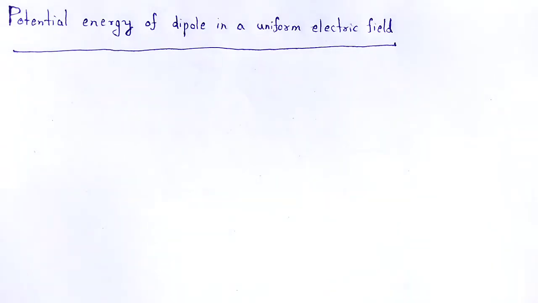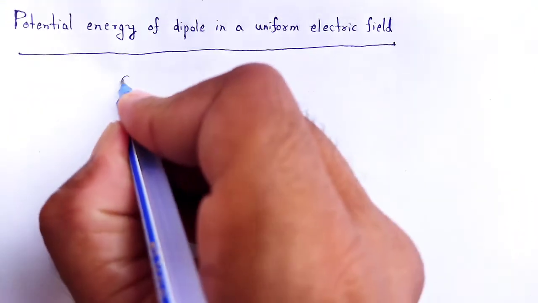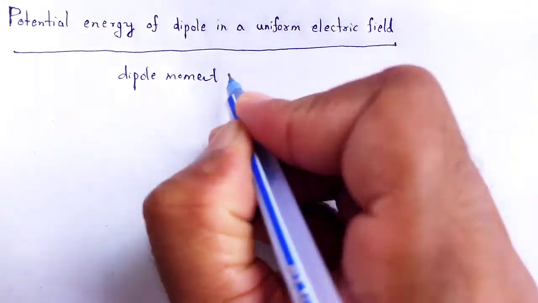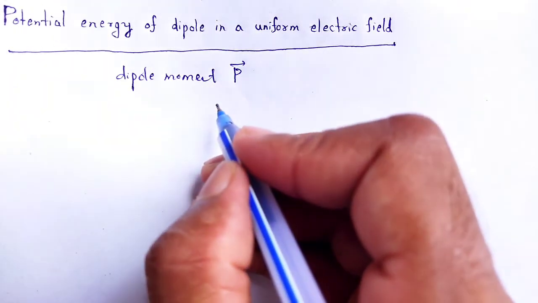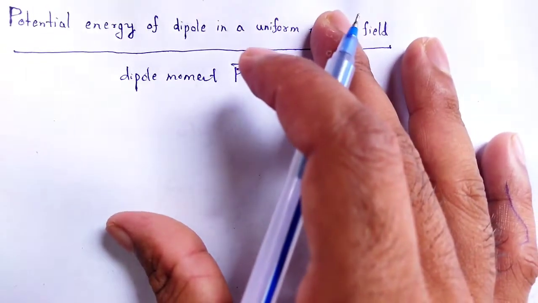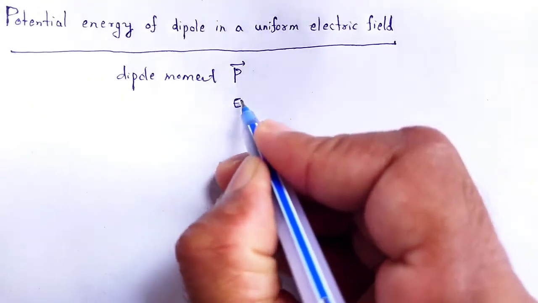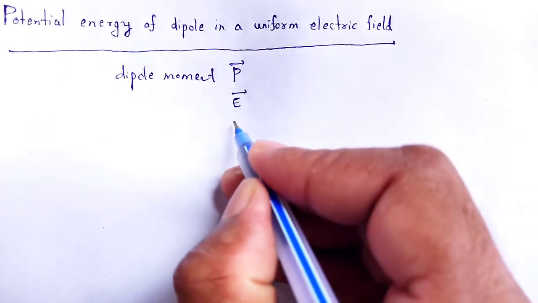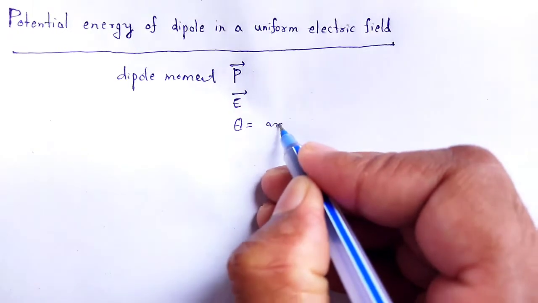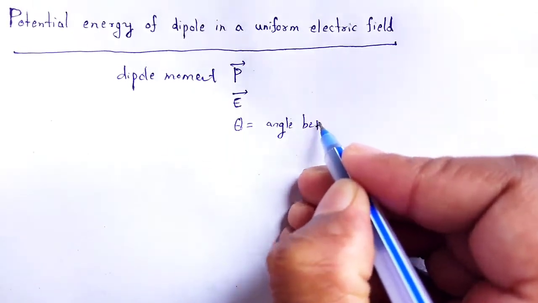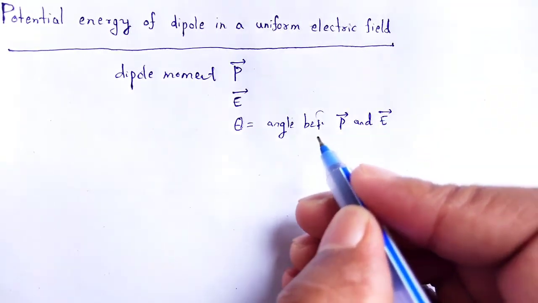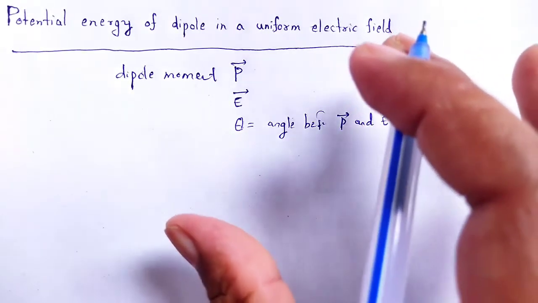Here we take an electric dipole of dipole moment P vector, placed in an electric field having electric field intensity E, which makes an angle theta, the angle between P and E. So, a torque is created.